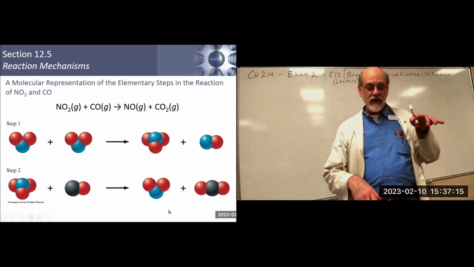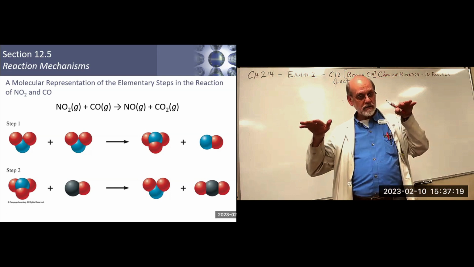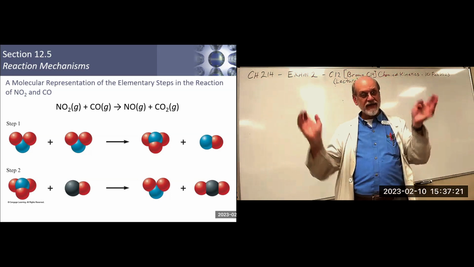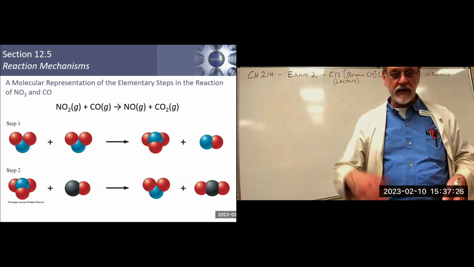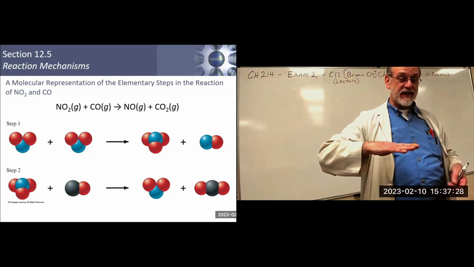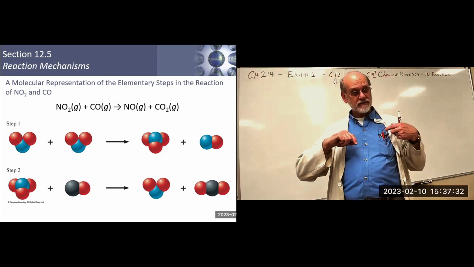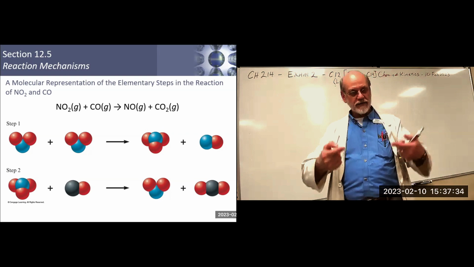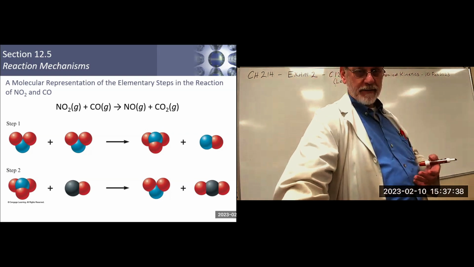Right? So remember, when you have one reactant on one side and one on the other side with the same molar equivalence, the same amount, they cancel in the overall reaction. And that's what will happen if we add these elementary steps together. Then we should get, if they're accurate, if they're true, then we should get the overall reaction by summing the elementary steps.